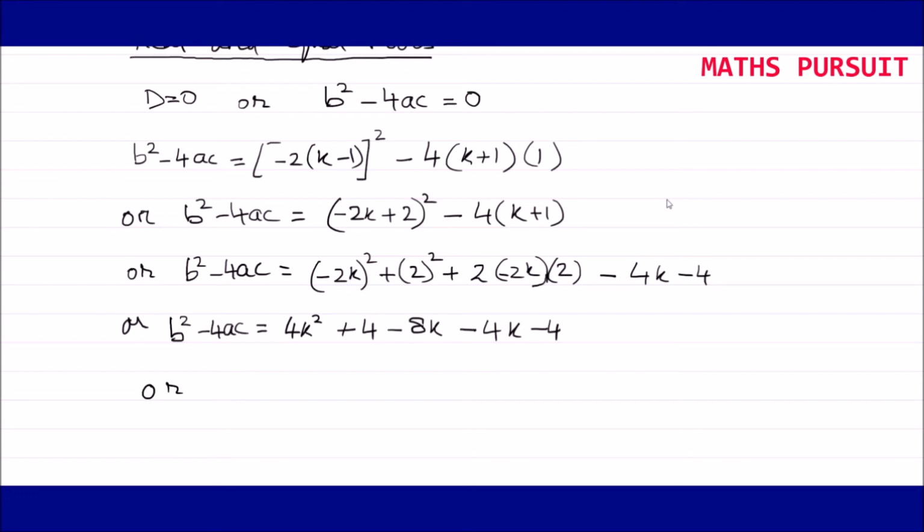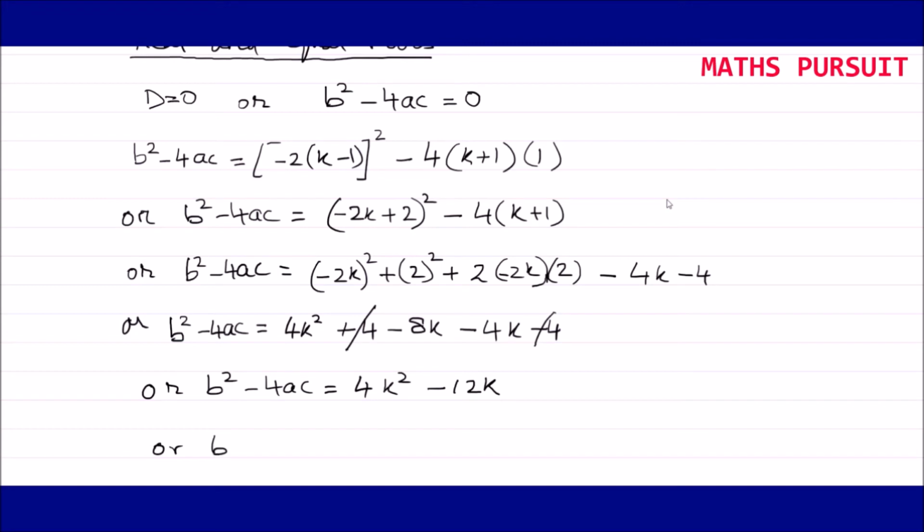So b square minus 4ac is equal to 4k square. Then you could see that we have plus 4 and here we have minus 4. It cancels out. And then we are left with minus 8k minus 4k, which is minus 12k.